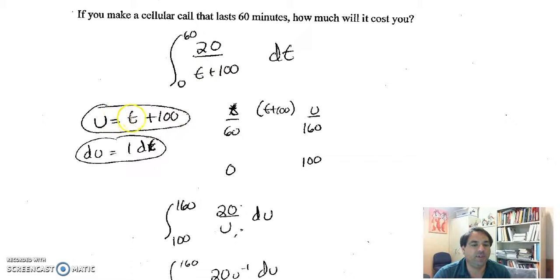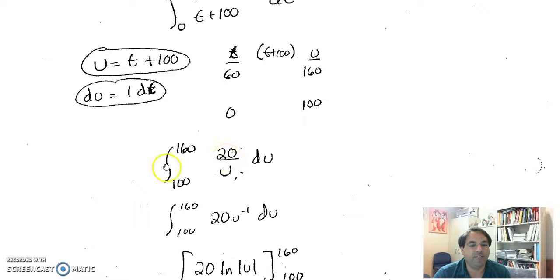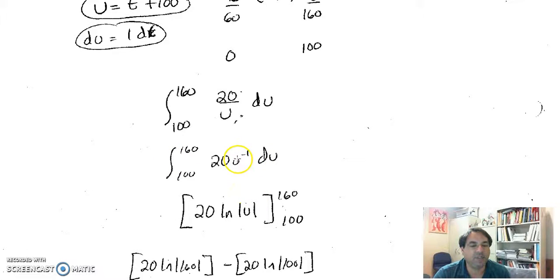The derivative of t is 1. Derivative of 100 is 0. So we get du equals dt. Then we have the integral of 20 over u du. U to the 1 moves up, becomes u to the negative 1. Still haven't taken the integral. 20 stays in front. The integral of u to the negative 1 is natural log absolute value of u.